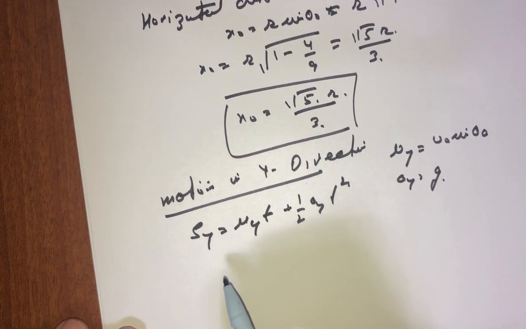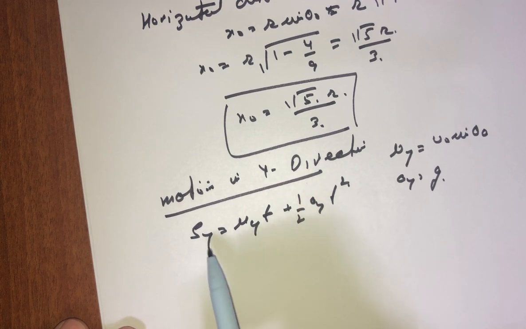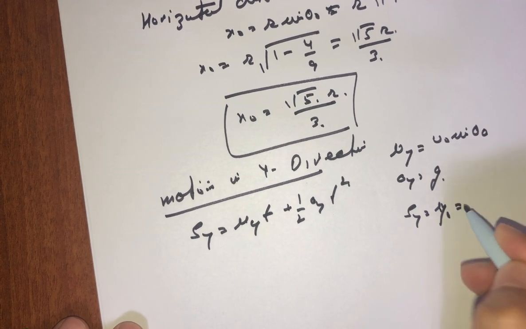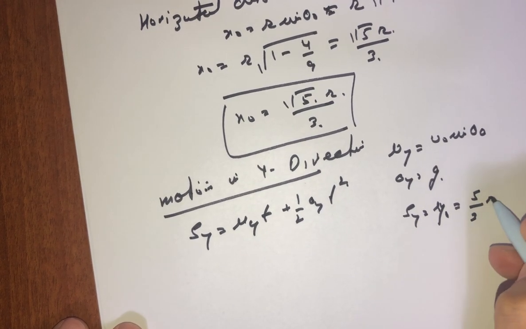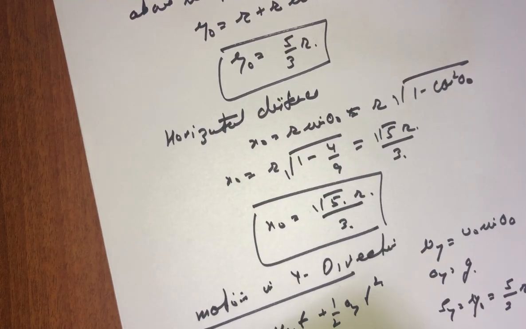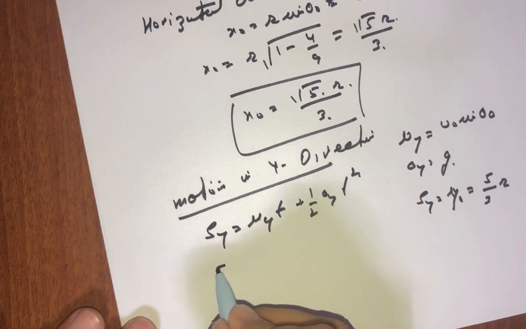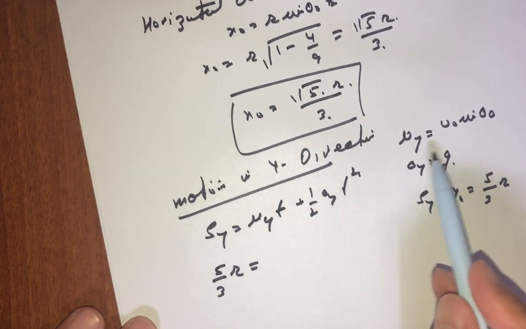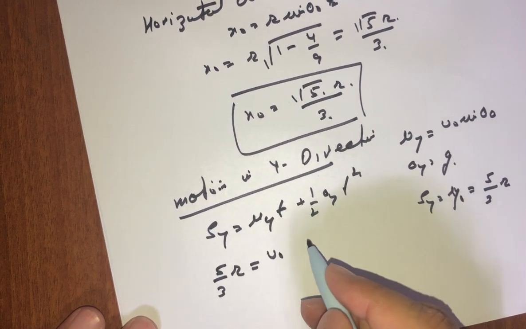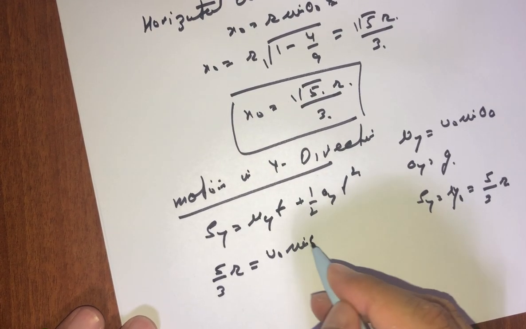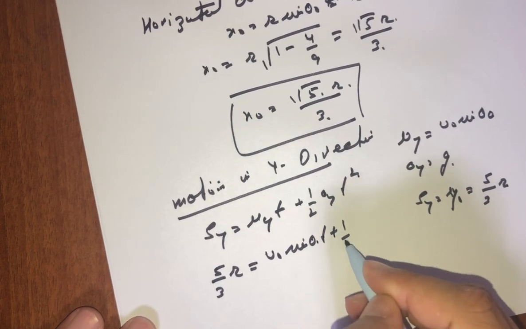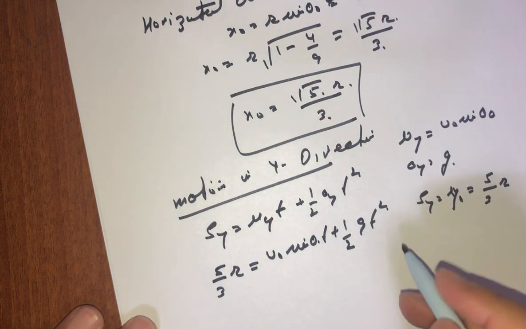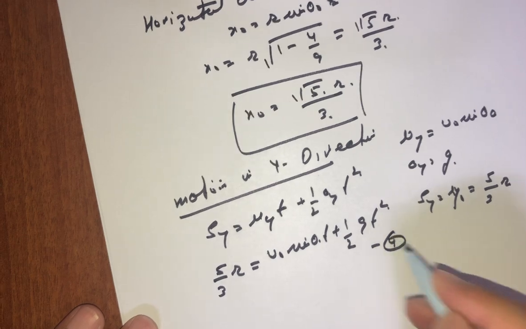In the motion in y direction, s of y, that is the vertical distance, will be equal to y naught, which we have calculated as 5 by 3 times r. So we substitute it here, and we get 5 by 3 times r is equal to v naught sine of theta naught multiplied by t plus half g t square. Let us call this equation number 4.